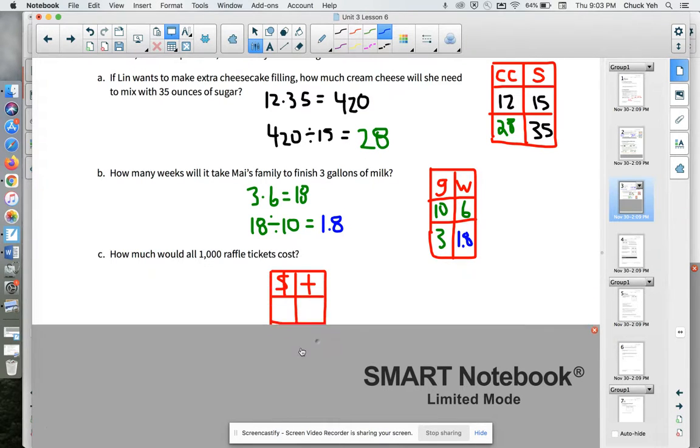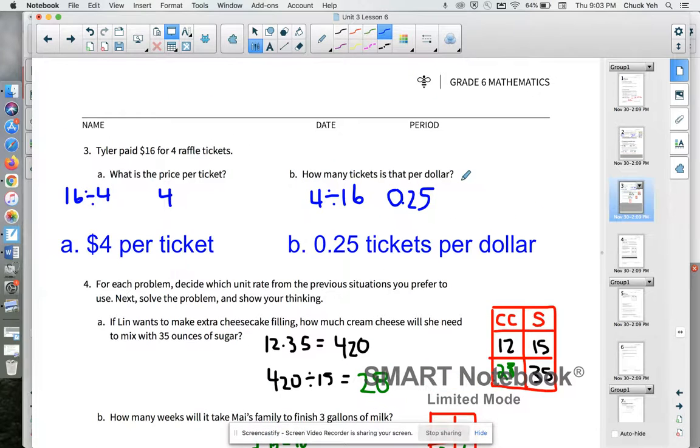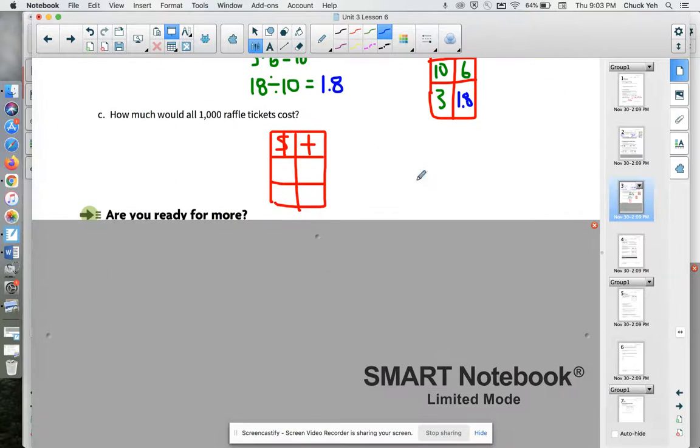All right, next. How much would 1,000 raffle tickets cost? So $16 for 4. And 1,000 raffle tickets? That's a lot of raffle tickets. Cross multiply, then divide. So 16 times 1,000. Isn't that 16,000? Right?